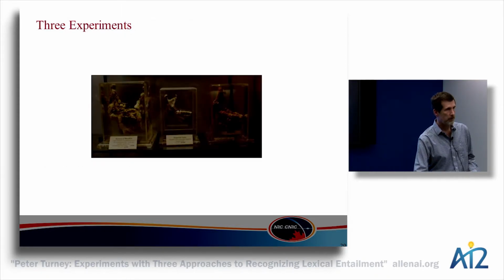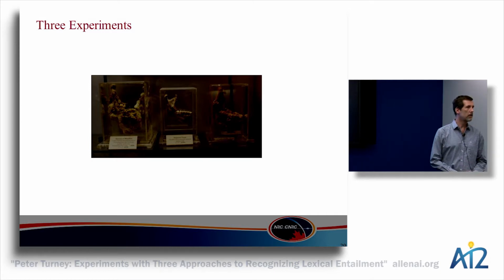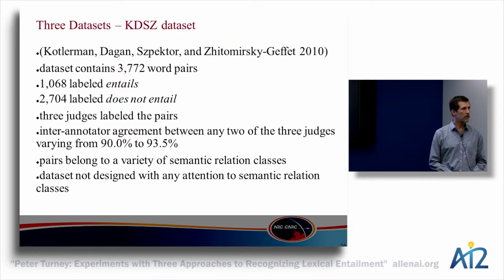So now we do three sets of, yes? In your first data set, are people labeling things as 0-1 binary? Dogs entails animals, although I cannot substitute all the time, they will call it a 1. The KDSZ data set, yes, it's binary. And many statements about dogs, that you take dogs on a walk and they are small, they are furry, they don't apply to all animals, so people would mark it as a yes typically?